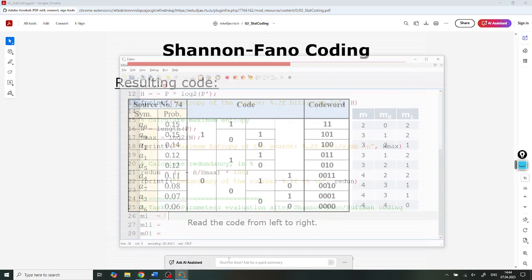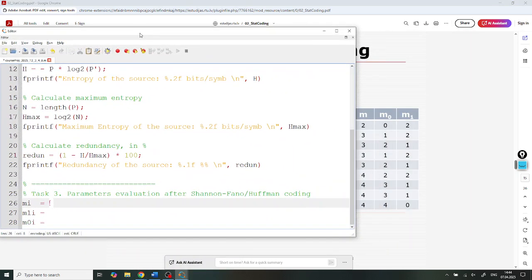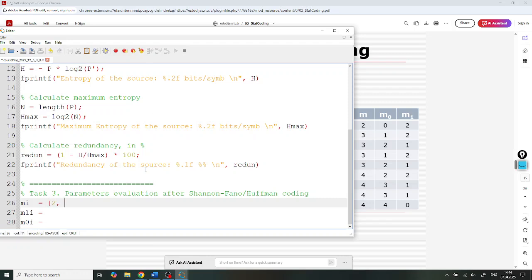Now I'm going to do the first 2 of them, which are 2, 3, 3, 3, 3, 4, 4, 4, 4. Yes, so 9 of them together. Of them, ones are here 0, 1, 2, 1, 2, 2, 3, 3, and 4. And obviously the number of zeros is the number of total symbols minus the number of ones. But if you prefer, you can also input them manually.